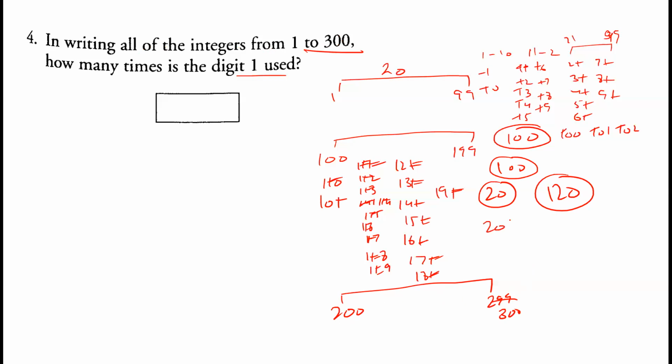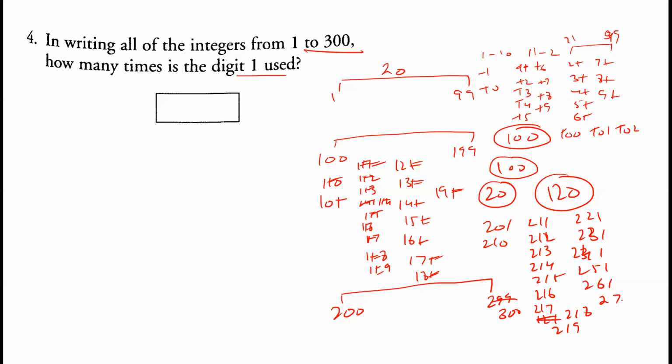So we have 201, 210, and 211, 212, 213, 214, 215, 216, 217, 218, 219, and 221, 231, 241, 251, 261, 271, 281, and 291.